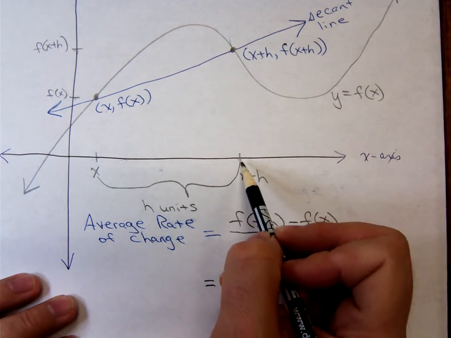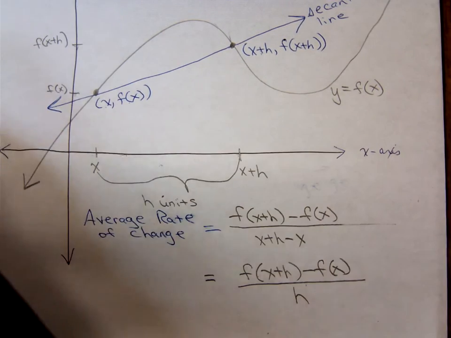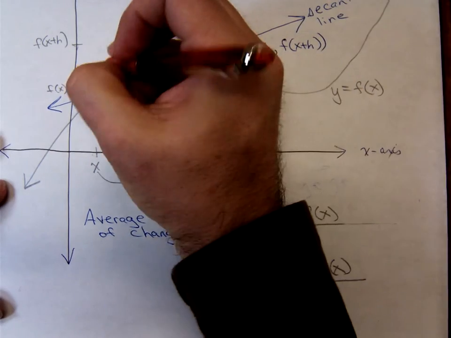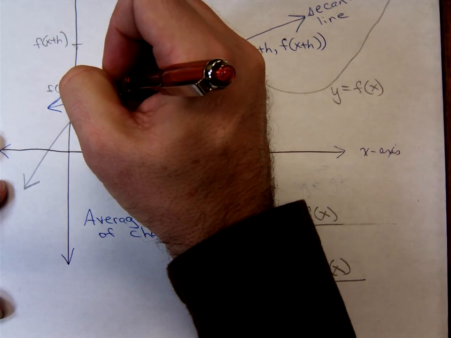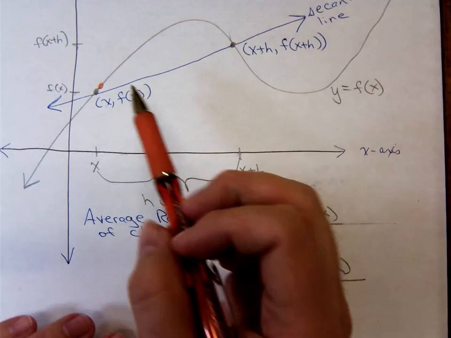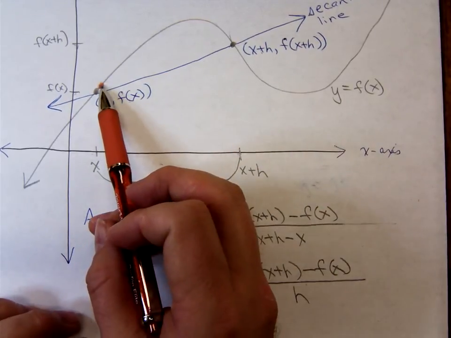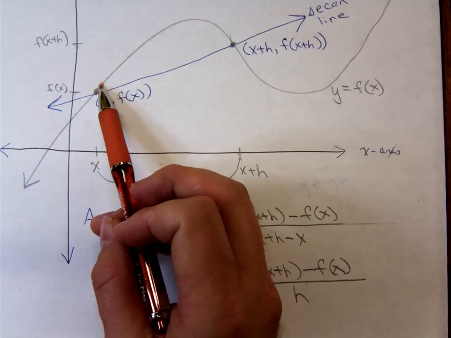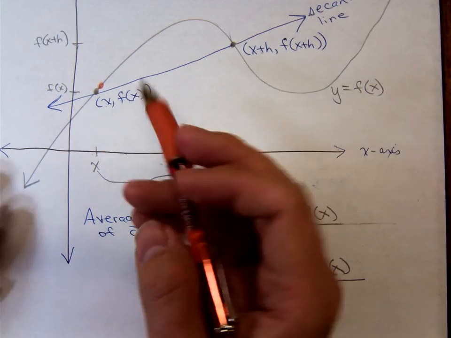Let's let h get smaller and smaller until our second point, it's so close, I'll make it look like they're two distinct points. But let's pretend we shrink it in so much that that second point is so close to that first point that it looks like it's the same point. Draw that secant line.